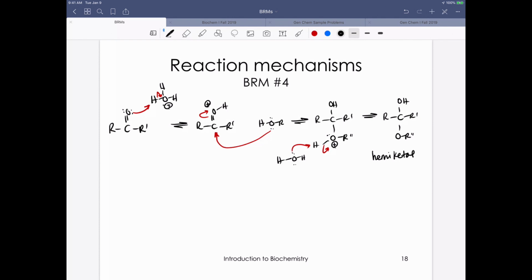So a couple of things to highlight here, as we're going to see how this has a biochemical application that's going to be very important as we consider sugar metabolism. So when you see something that looks like this, and we've got a carbon atom that's going to have an alcohol group and an ether group, we have to look next door to the carbon and ask, are you a carbon atom, meaning you originated from a ketone, or are you a hydrogen atom, meaning you originated from an aldehyde?